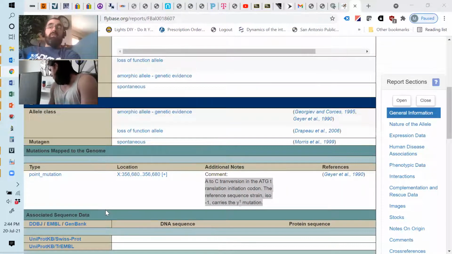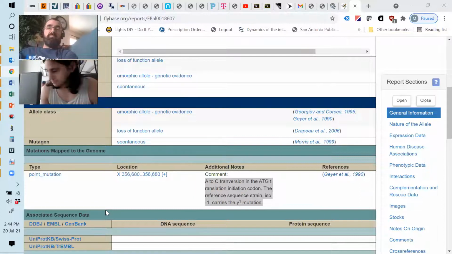So if you don't have a start codon, you don't have a protein. If you don't have a protein, you don't have whatever function that protein provides.